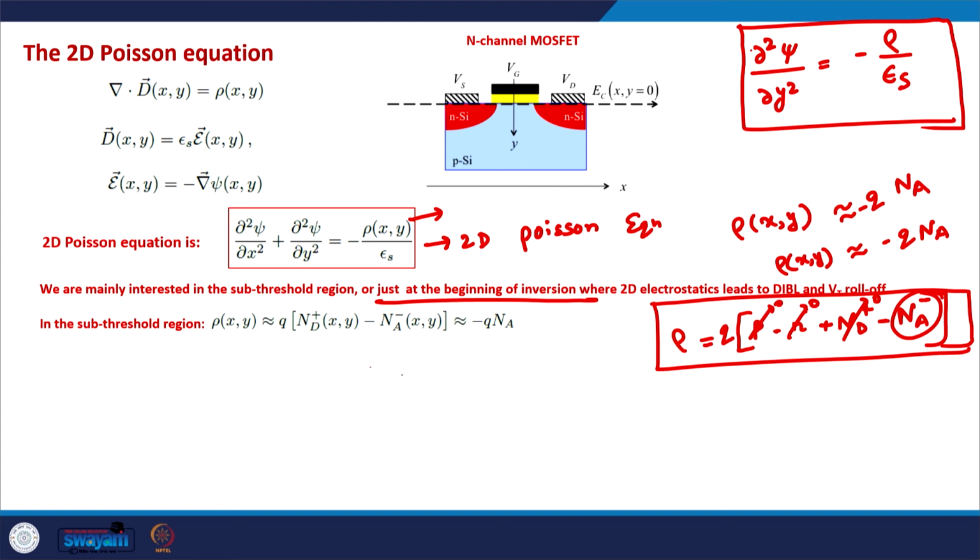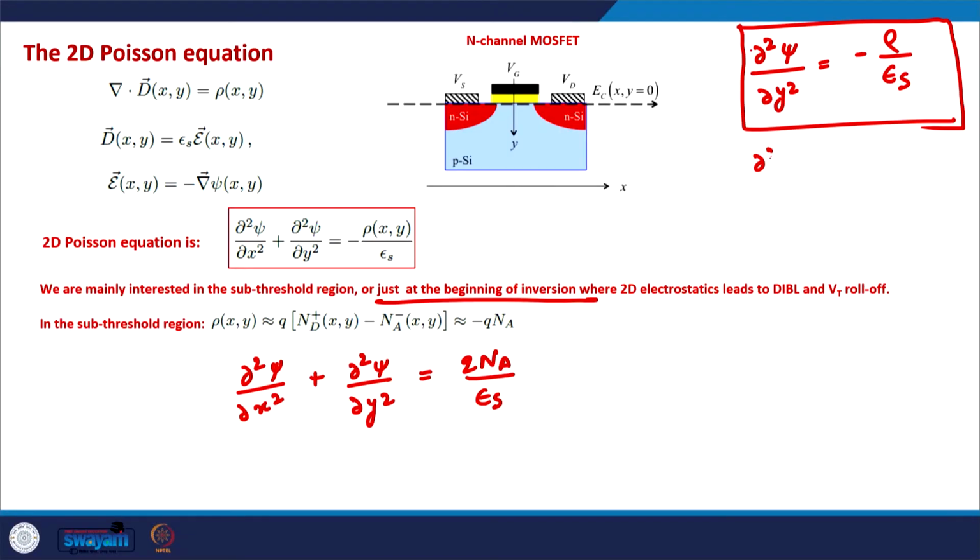So, the right hand side becomes del 2 psi by del x square plus del 2 psi by del y square is equal to q Na by epsilon s. And we will also do a parallel analysis of the 1D electrostatics just to see the difference that arises due to the 2D electrostatics.